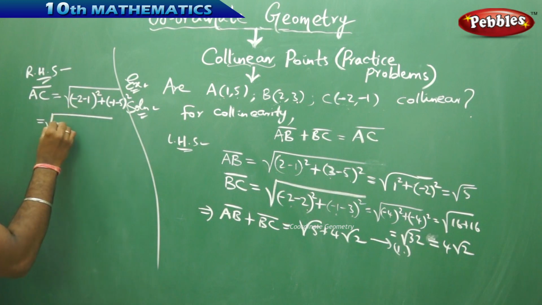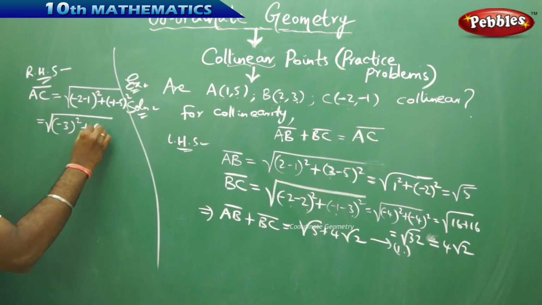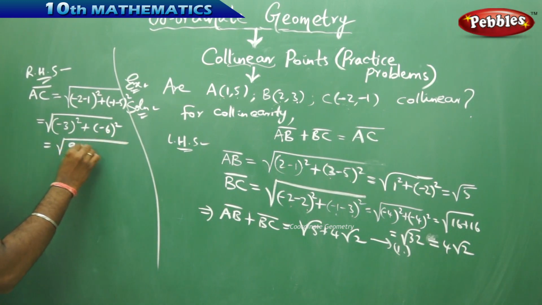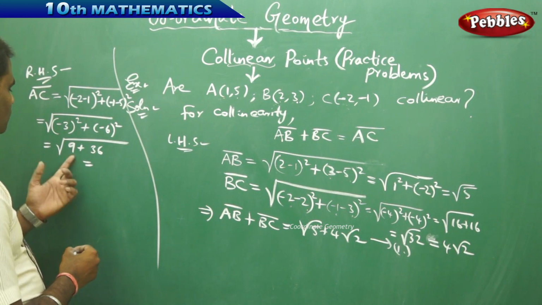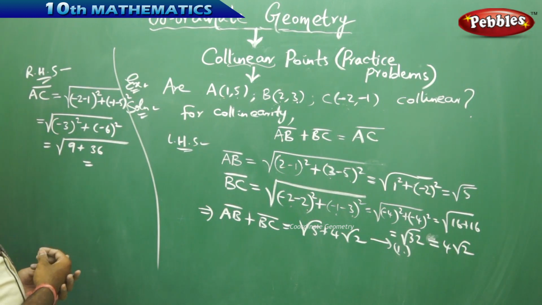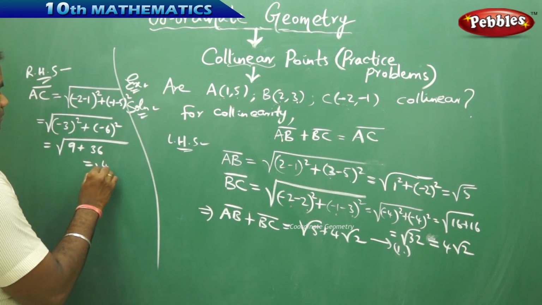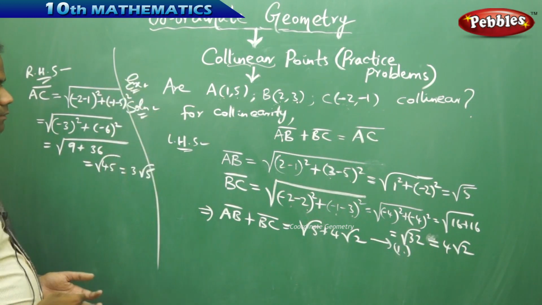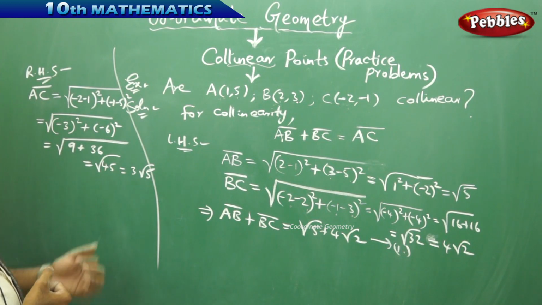And then -3 whole square plus -6 whole square, which on simplification gives 9 plus 36, which is root of 9 plus 36, 45. This comes out to be 3 root 5 is what I get for AC.